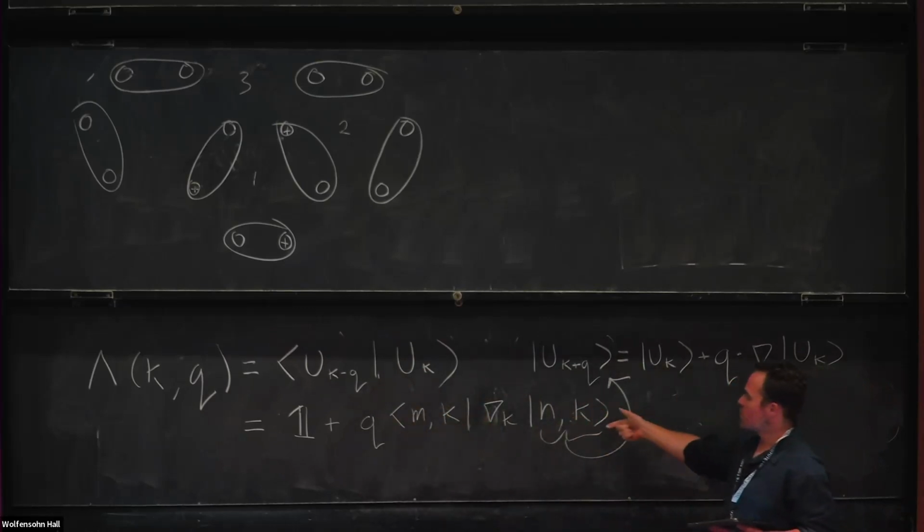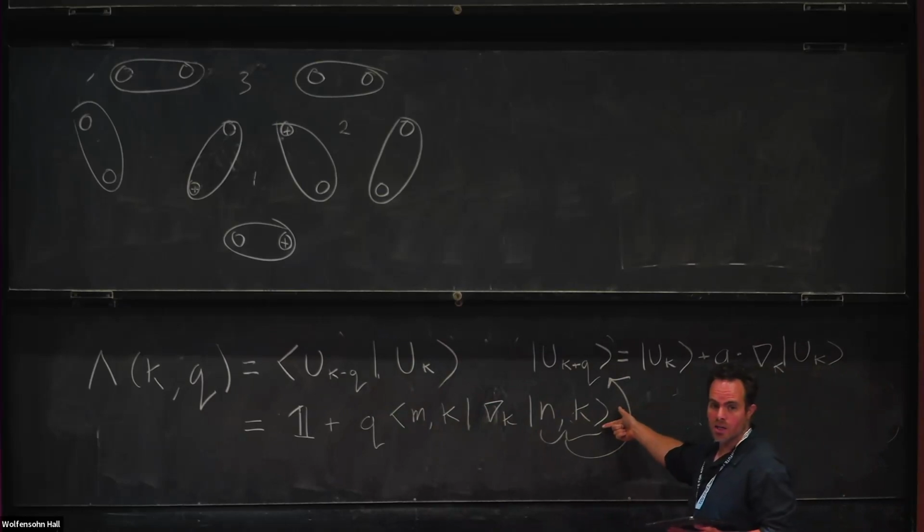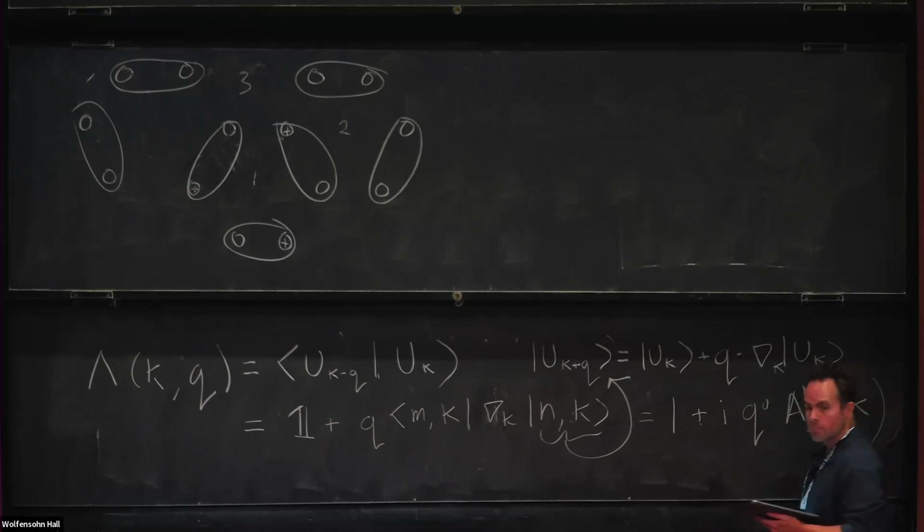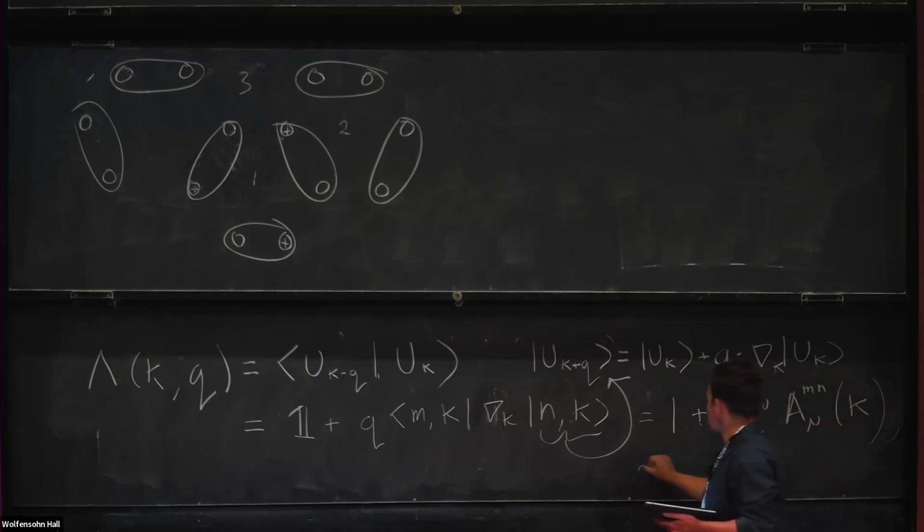Now, this should be familiar. This is exactly the Berry connection. So it tells us that the form factor is equal to 1 plus i times the non-abelian Berry connection A_mn. And it's convenient to re-exponentiate this.